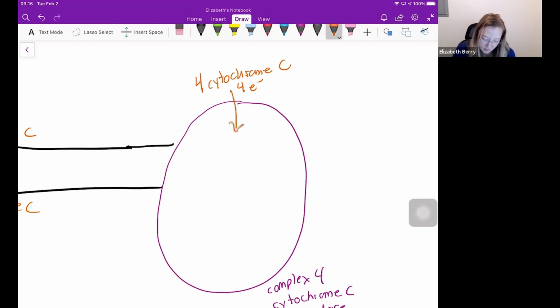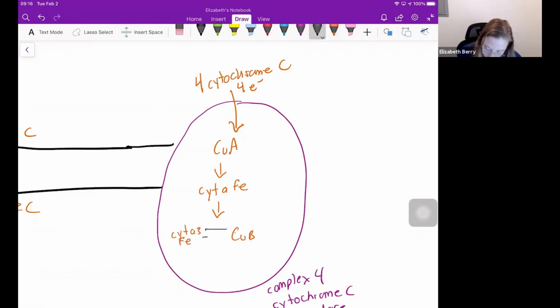Those will get donated into this copper center, CuA, and will get passed again to an iron center, cytochrome A, Fe, which is for iron, and then will get passed down into the centers that are coordinating the oxygen molecule. So you'll have a cytochrome A3 iron center, and you'll have a copper B center. And this right here, these two, they are going to be coordinating your oxygen molecule. They're going to be holding that oxygen molecule there.